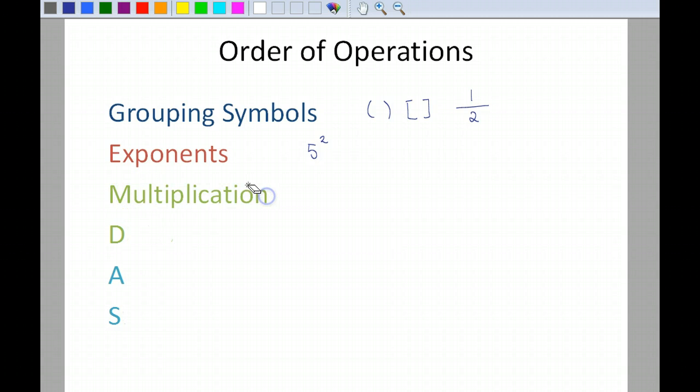M and D, notice these are both in green. It's multiplication and division. Now, one thing that's a little bit different about these is you're going to take care of these as you get to them reading from left to right.